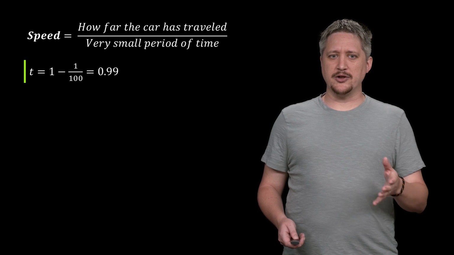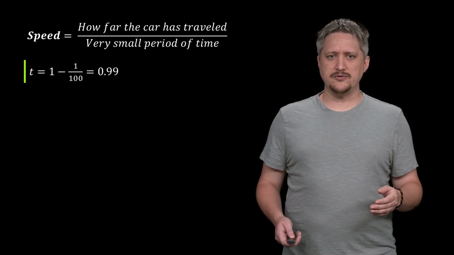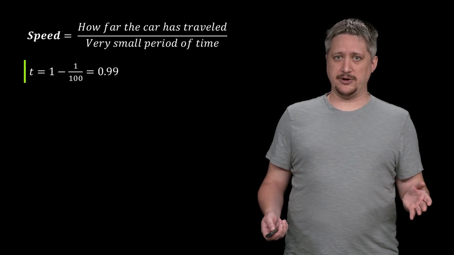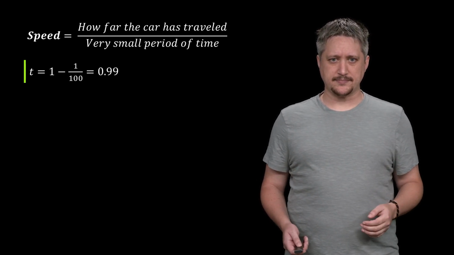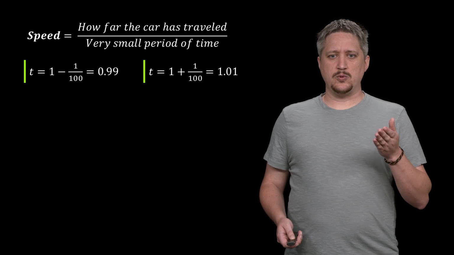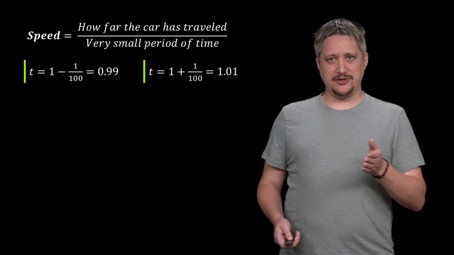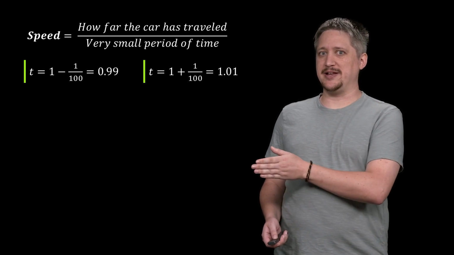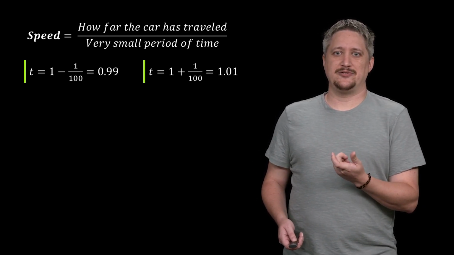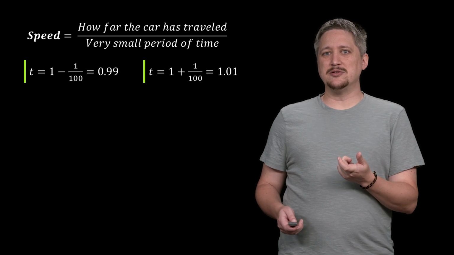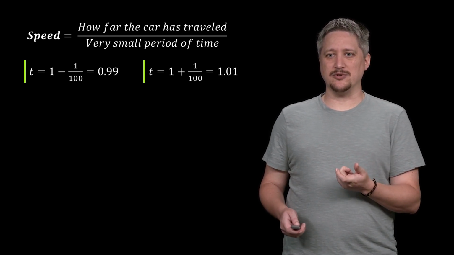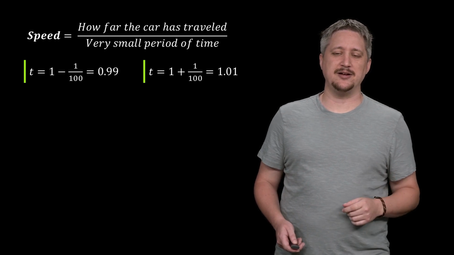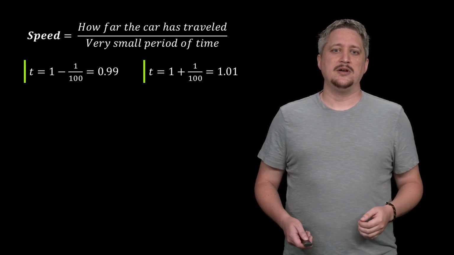We want to know how fast we are going when we're 1 minute in, so we take that time interval in either direction. We're looking at 0.99 minutes to 1.01 minutes, a little over a 1 second interval, which again, actual speedometers do much faster, but just for our example.